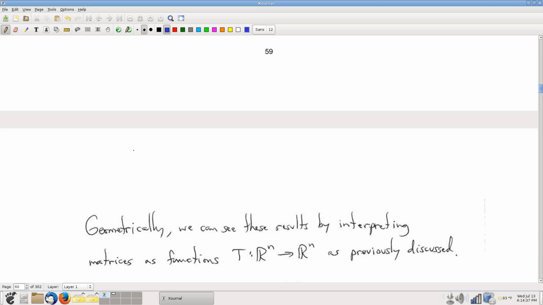So I'm going to make an abstract picture here of a function, a domain, and a target, and I'm going to say that our domain has 4 entries and our target has 4 entries.